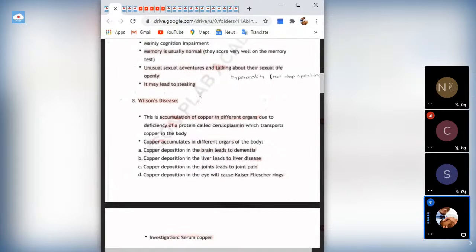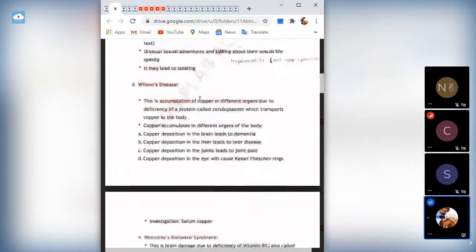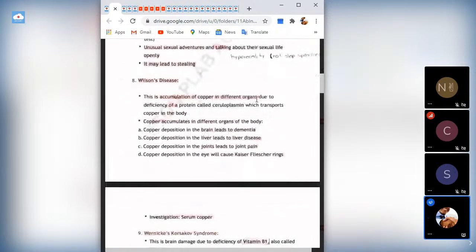There will be liver failure, which may even lead to liver cirrhosis, and when copper accumulates in the brain, it leads to a lot of brain damage, and eventually what looks like dementia will occur.